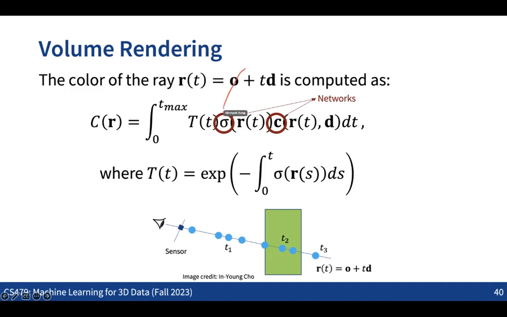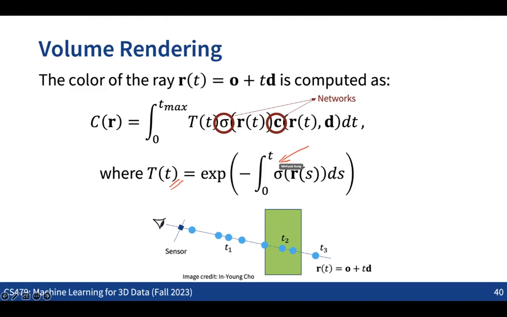And the sigma, which is the quantity that we are predicting with the neural net, is the probability that, once the ray goes until this point without any interactions, the ray will stop at exactly this point. So that's the quantity that we are predicting, which is the density, precisely the opacity, or the extinction coefficient that we are going to see on the next slide. Also, we should be able to compute this transparency based on the opacity that we are getting.